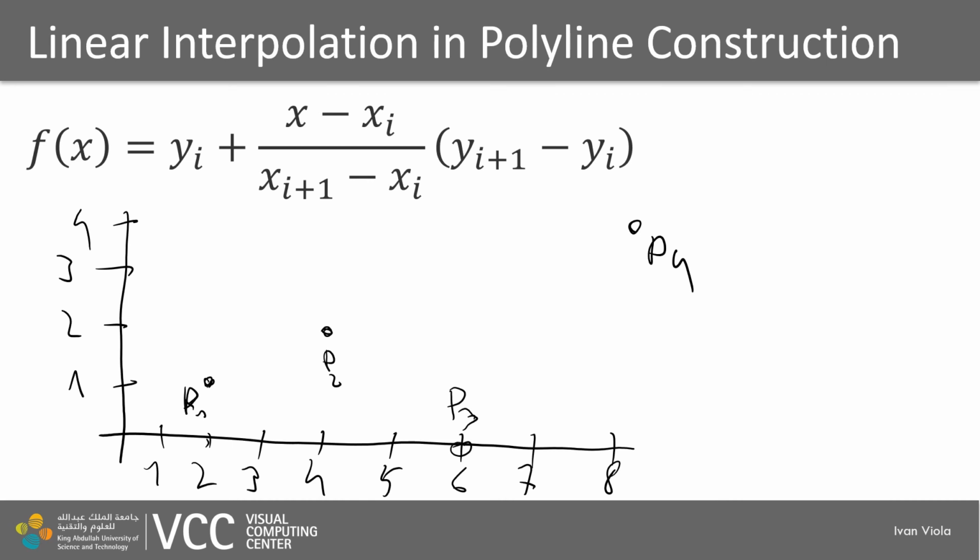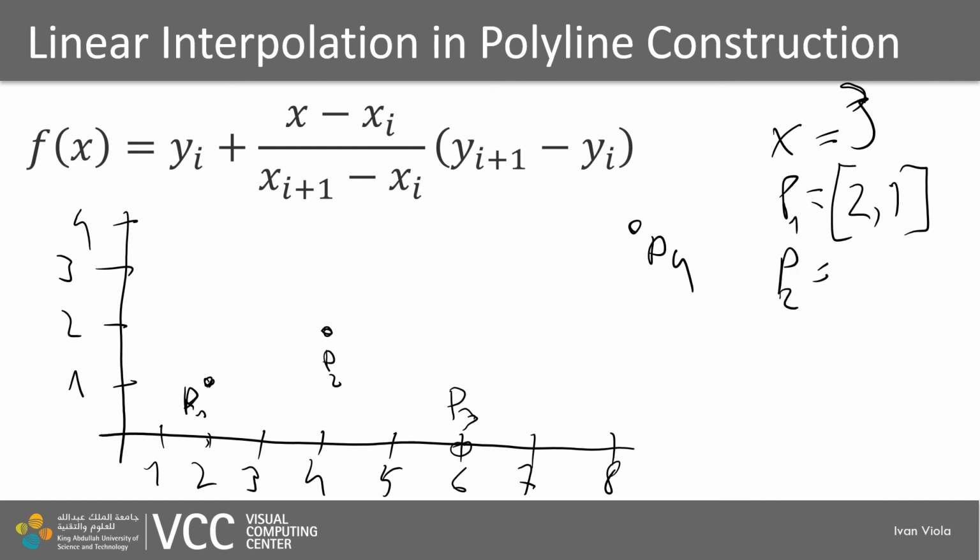So for example, let's say that we would like to create a point which is at the position x equals 3. So if x equals 3, this is between the point P1 and P2. P1 has the coordinates 2, 1, and P2 has the coordinates 4, 2.